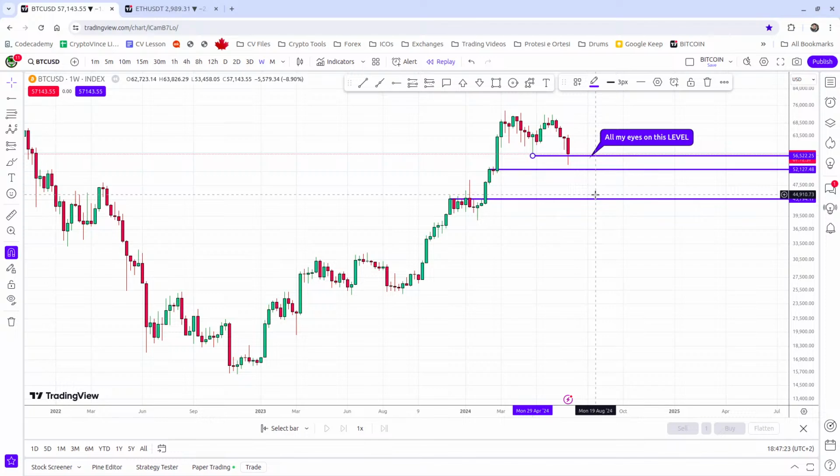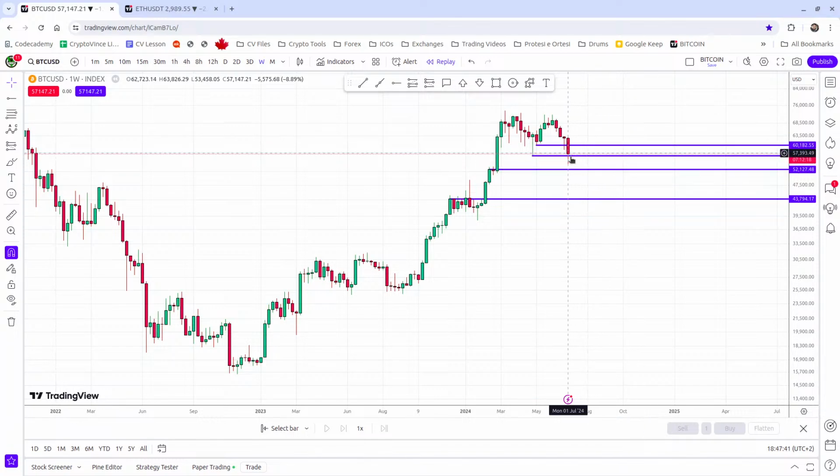So yeah, the weekly is still bullish. This would be a swing low that could start a bearish outcome, in case price does this, for example, from here it goes here and then keeps moving downward.